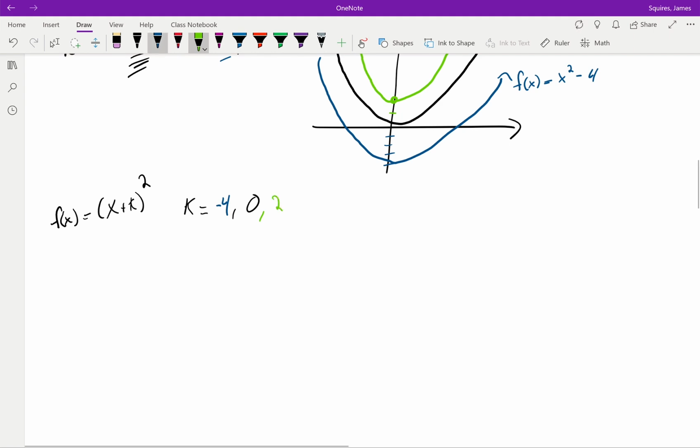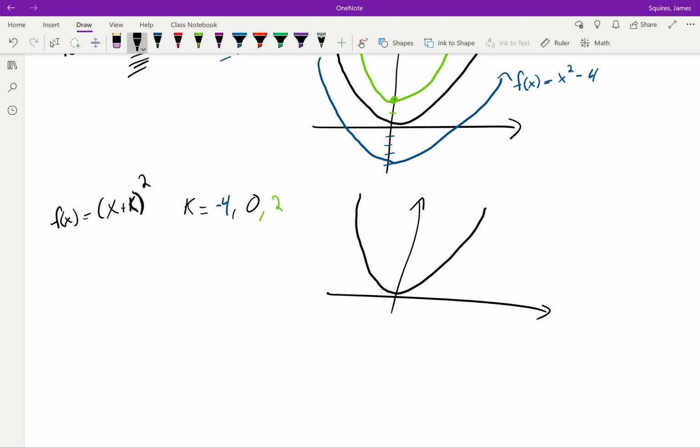So now we are adding k to the x. We're not adding k outside of the elementary function, we are adding k to the x term. And this may get a little counterintuitive for a lot of students. So if we originally were to graph f of x equals x squared, or plus 0 for our k, that is our elementary function.